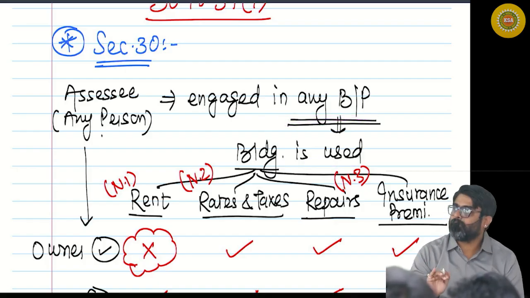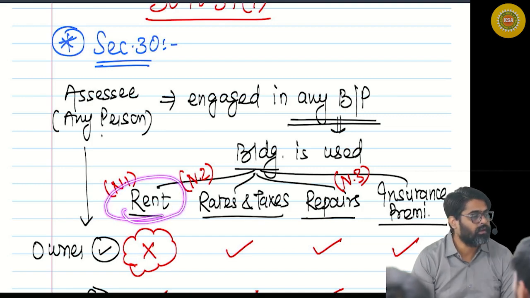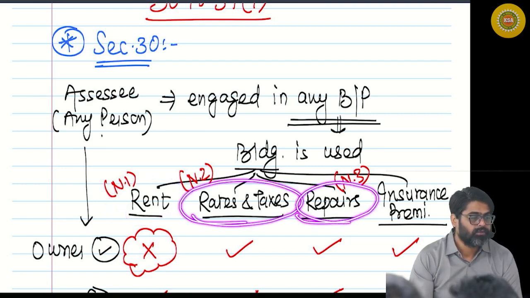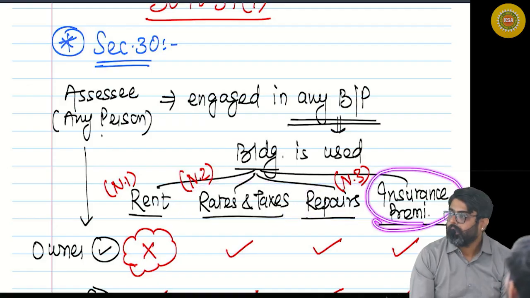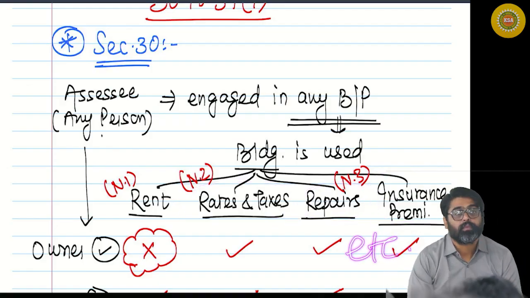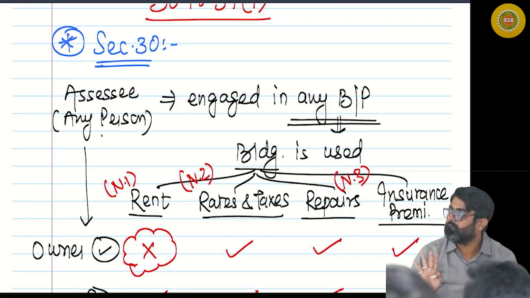So any type of building which is used for the purpose of my business, there are certain expenses related to this building. Number one, rent. Number two, rates and taxes. And number three, repairs. And number four, insurance premium. Did I say etc.? Only these four expenses.